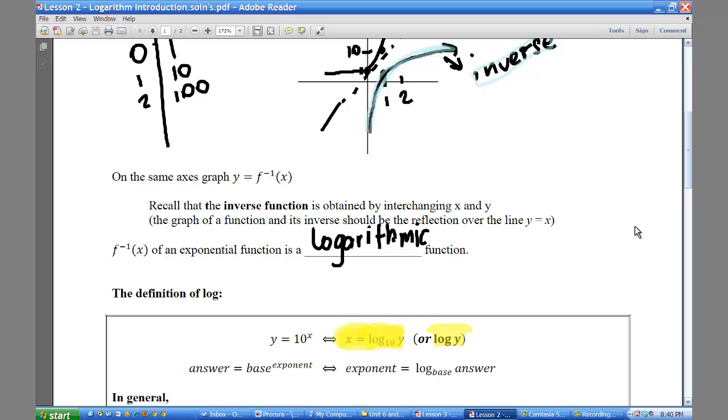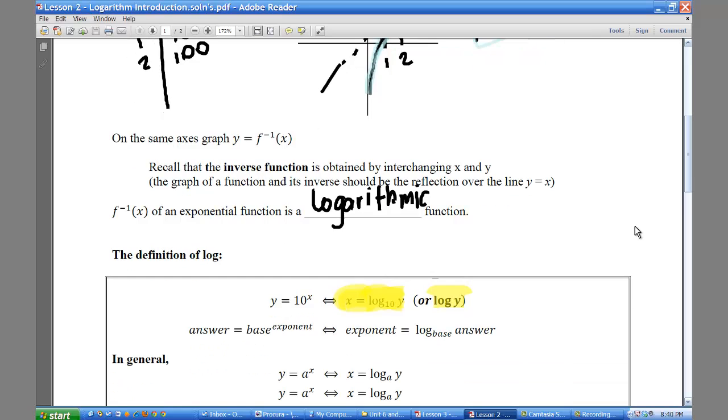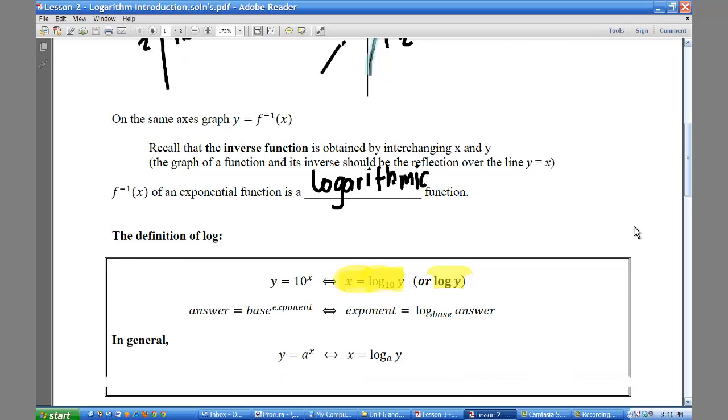So, what is log? Log helps you determine which exponent your base was raised to give you a certain answer. So, y equals 10 to the power of x. From here, x, the exponent, equals log of the base of y, of your answer, or log y, because log is already base 10.